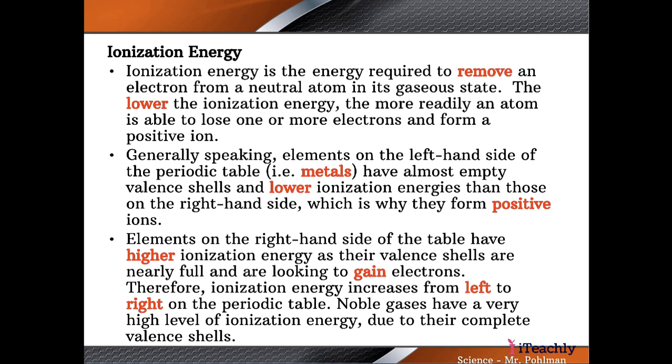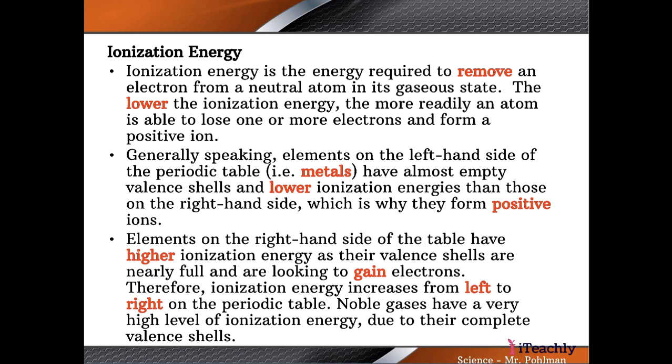So generally speaking, elements on the left-hand side of the table are metals. They're going to have the most empty valence shells. They're going to have the fewest number of electrons in their outermost energy level. So that means they are going to have the lowest amount of ionization energy. All right. So why then are the ones on the right-hand side going to have a higher amount of ionization energy?